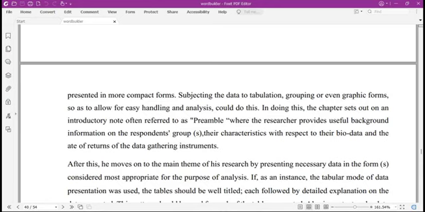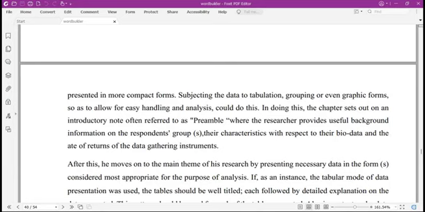In doing this, the chapter sets out on an introductory note, often referred to as a preamble, where the researcher provides useful background information on the respondent group or groups, their characteristics with respect to their biodata, and the state of returns of the data gathering instrument.